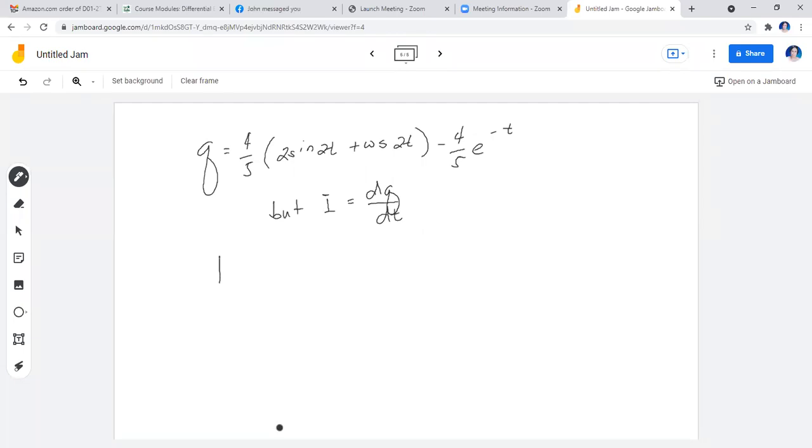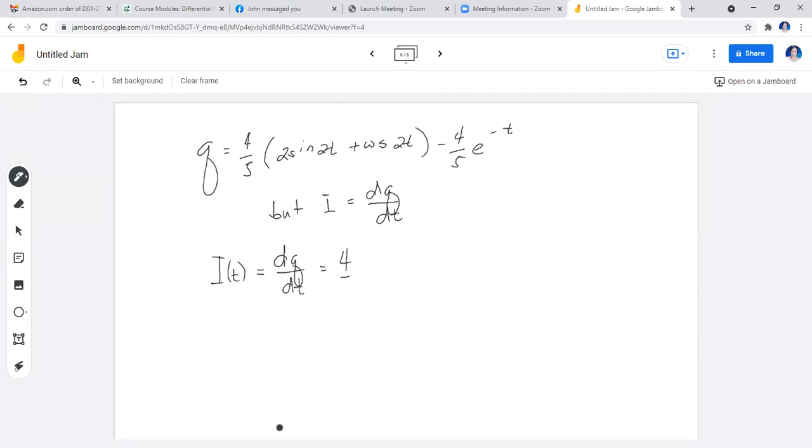So my current now, I of t, is equal to the derivative of q with respect to t.